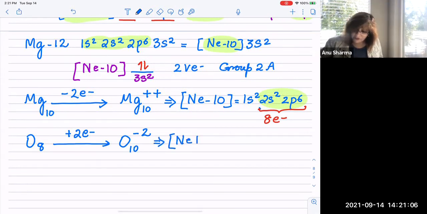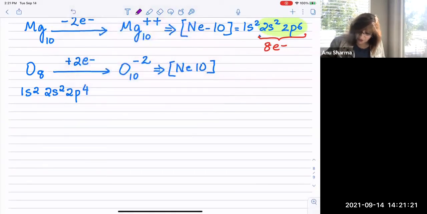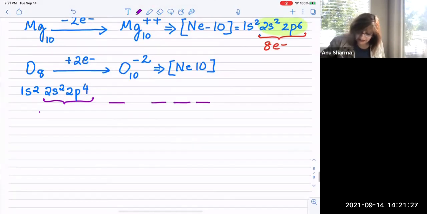So here we have oxygen, which was 1s2, 2s2, and 2p4. Okay, so this is oxygen. If you look at the orbital diagrams of this one, the last one, that is 2s2. That's the valence shell.